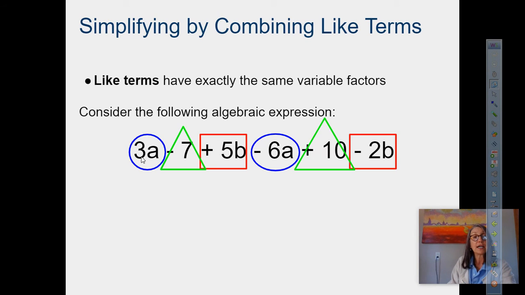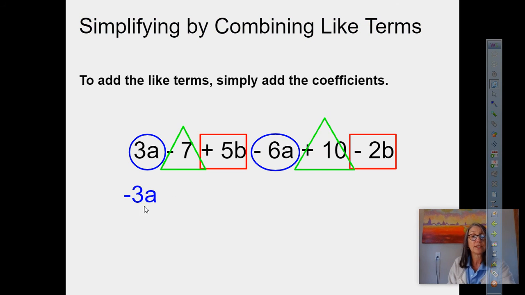If we were to combine 3a with negative 6a, that is add them, we would end up with negative 3a. Combining 5b and negative 2b gives us positive 3b. And finally, we can combine our constants, negative 7 and 10, to get a positive 3.